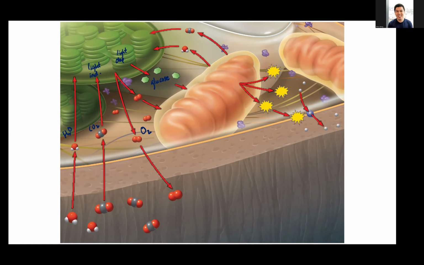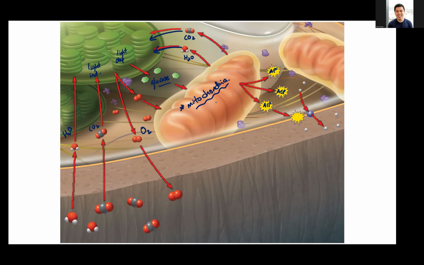Plant cells, as eukaryotic organisms, also have mitochondria. So mitochondria as an organelle will use glucose to provide the energy to make lots of ATP, and it will, as a result, remake water and CO2 so that the water and CO2 can be reused by the chloroplast through the process of photosynthesis.